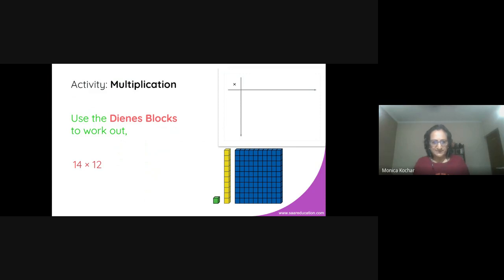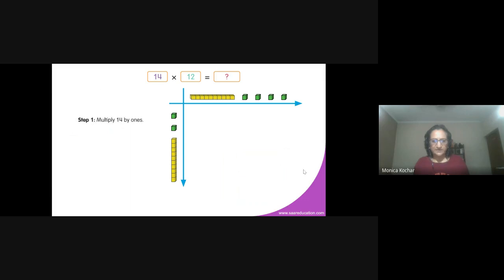Now, if you have seen Dean's blocks, if you want to work out 14 into 12, you're going to write 14, 12 on one side, 14 on the other side. And now we are multiplying it. So when we multiply 14 by ones, it's 14. This 14 by 1.